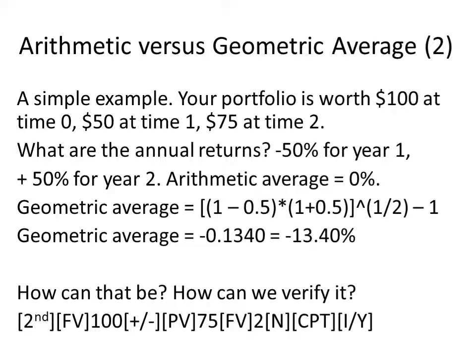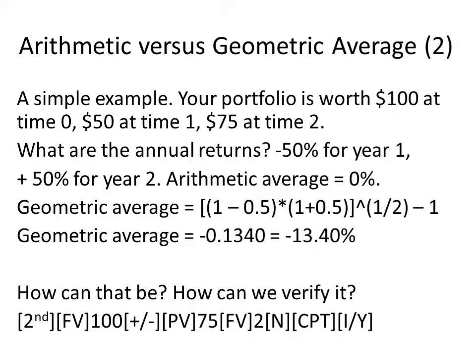Now, does that sound right? We can verify it. Get your calculator out, and first of all, do your second future value. That clears out the time value of money register. And then we want to put in 100 and hit that plus minus button and present value. And then we will do 75 for the future value.